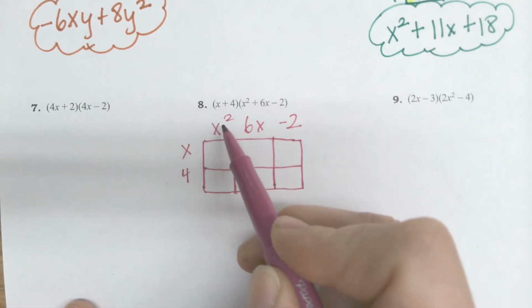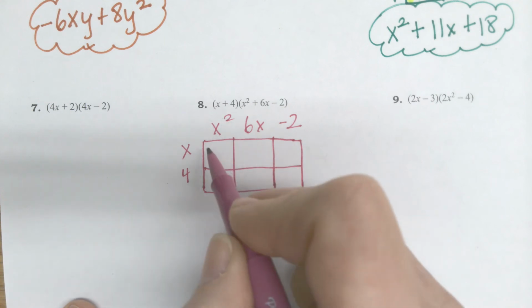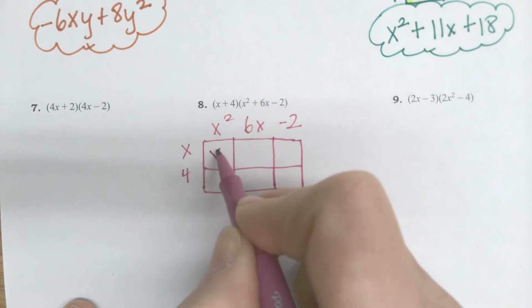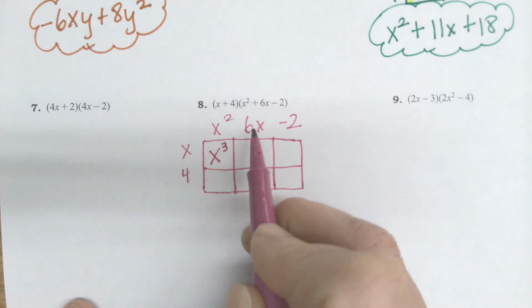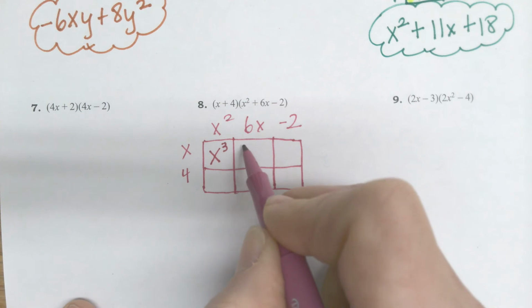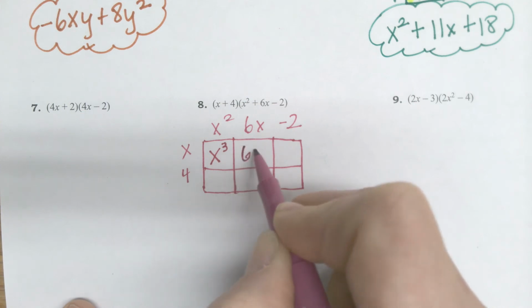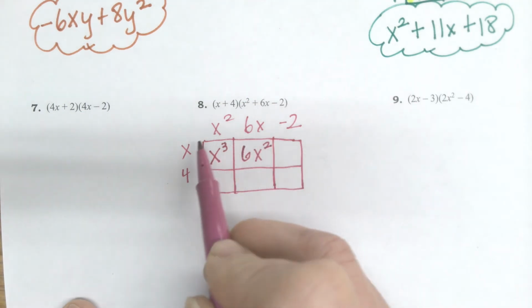X times x squared is x cubed. Keep in mind that's x to the first. X times 6x is 6x squared.